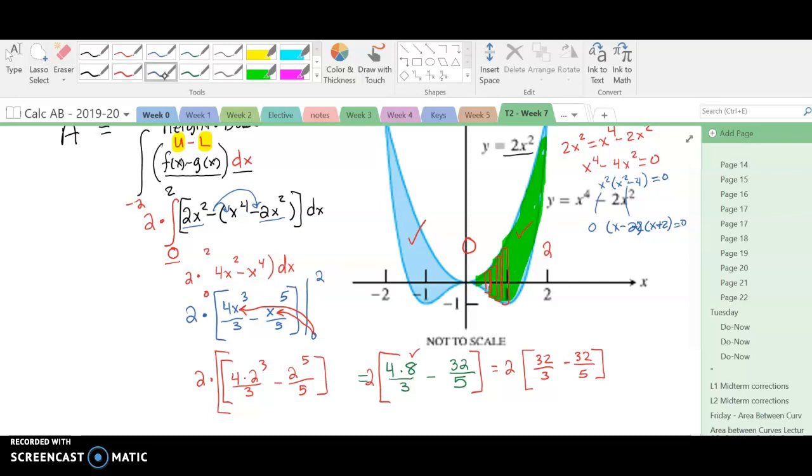I can see I need a common denominator of 15. So the first gets multiplied by 5. The next gets multiplied by 3. Continuing on with symmetry, we have 2 times 160 minus 96, which is 64. 2 times 64 is 128. Over my denominator of 15.